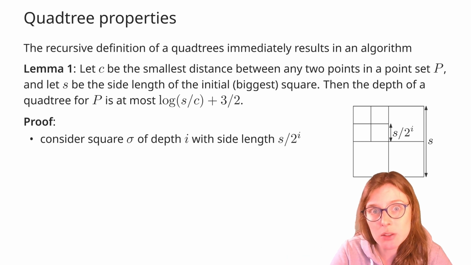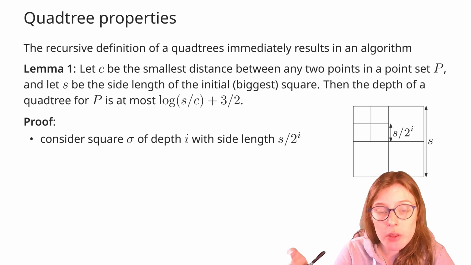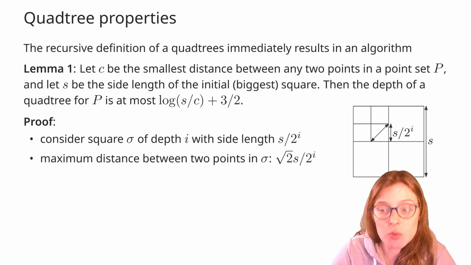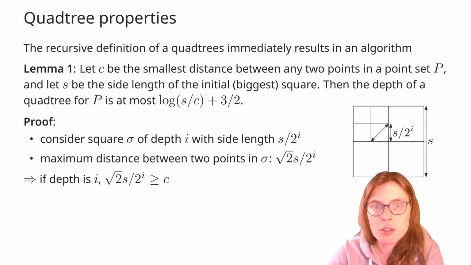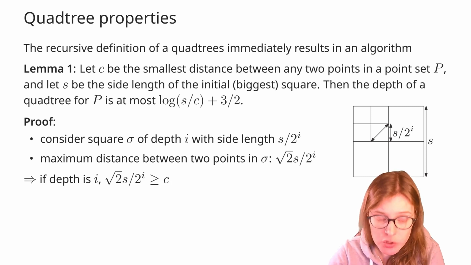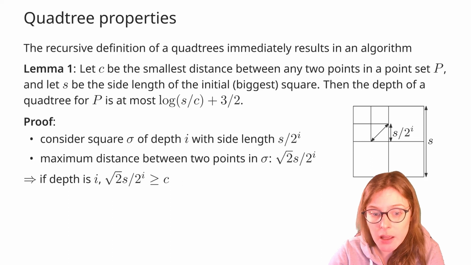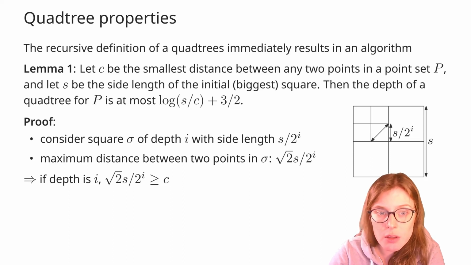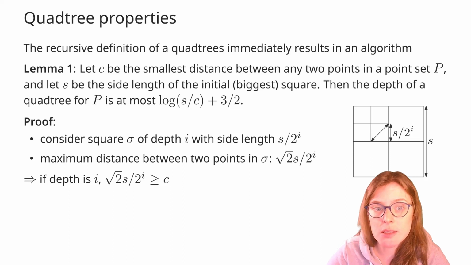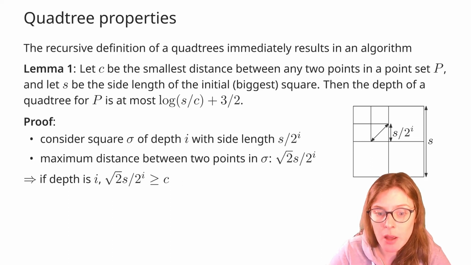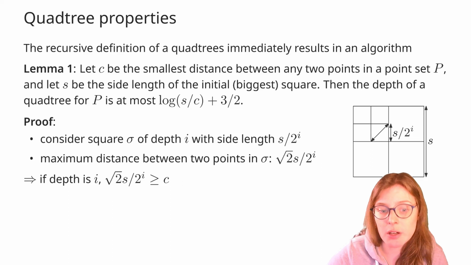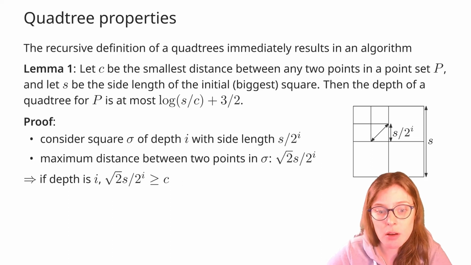Now, within a square at depth i, if there are 2 points, the maximum distance between these 2 points can be at most square root of 2 times the side of the square. So, if the depth of this square with 2 points in it is i, the distance between the 2 points in the square needs to be at least c by the assumption of the lemma, and that means that the diagonal of the square needs to be greater or equal to c.